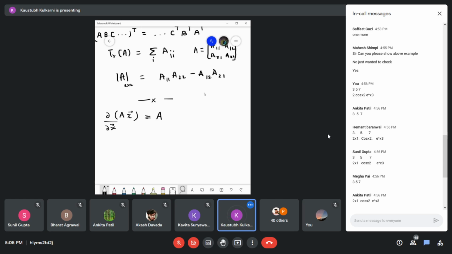This is very intuitive. For example, if you have d by dx of some constant multiplied by x, then the answer will be the constant. Just like that, if you are multiplying a matrix with the vector, assuming the multiplication is compatible, this is just like applying a transformation to the vector x.